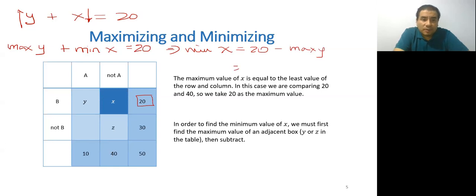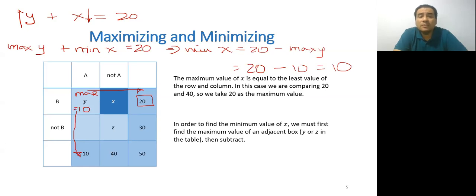So take a look, people. What is the maximum value of Y here? If you just follow the directions in the previous slide, you just pick the least value of its two totals, that is 10. So all you need to do is perform this subtraction: 20 minus 10, and you get 10.